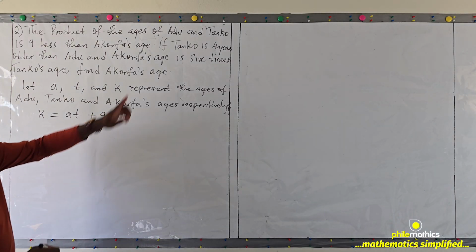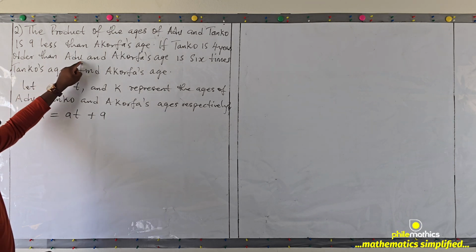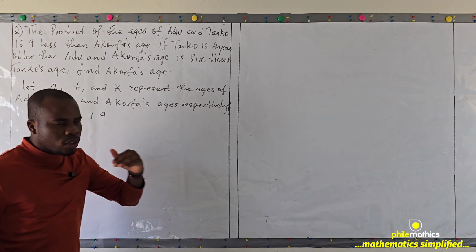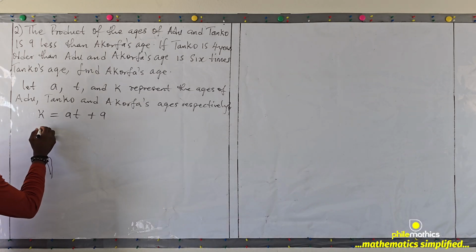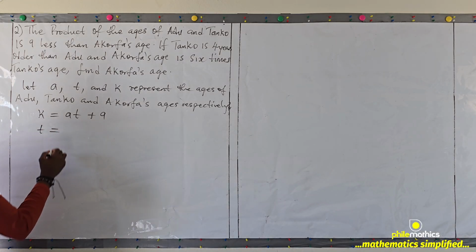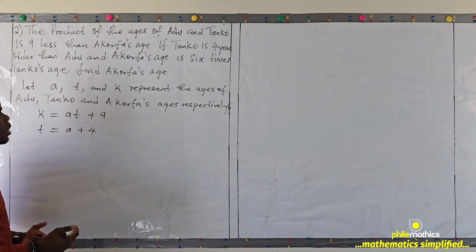So let's continue. Tanko is 4 years older than Adu, which means Tanko's age is Adu's age plus 4. That's how we represent it.